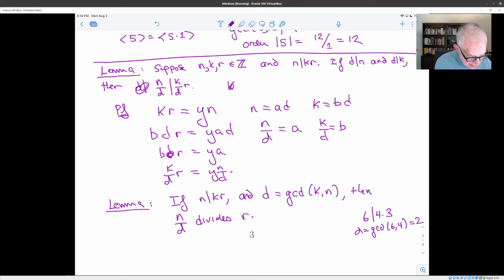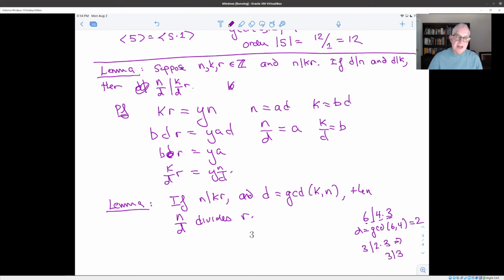Then if you divide this equation out by 2 using the previous result, you would get that 3 divides 2 times 3. And we divided out the greatest common divisor of these two numbers from both of them, so now they have no factors in common. So the only way what's left can divide this product is if it divides the other number. And in fact, that's true here because 3 does divide 3.